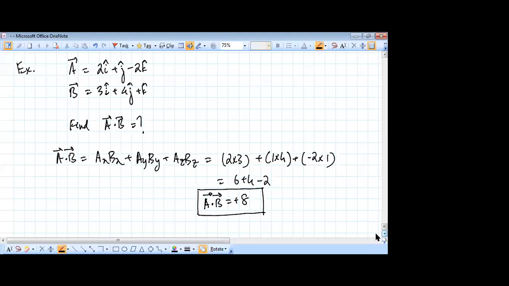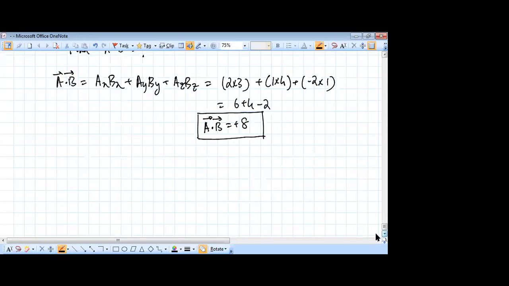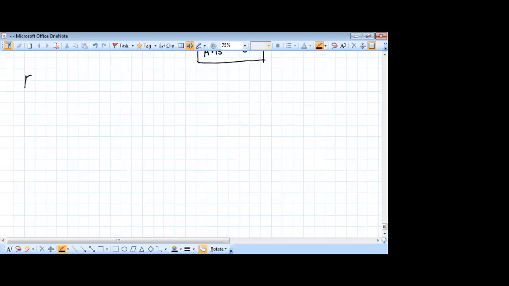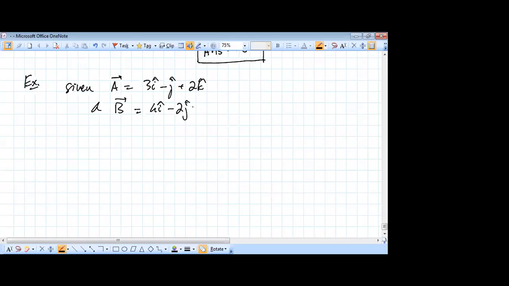Got it now? Okay, now next example. So we are done with dot product. Just we are finding out with some examples. So given A is equal to, let's say, 3 i cap minus j cap plus 2k cap, and B is 4 i cap minus 2j cap plus zk cap.